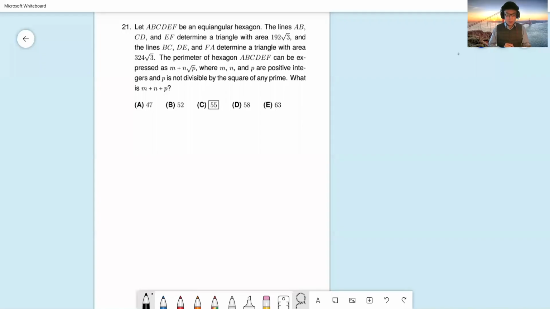Question 21. ABCDEF is an equiangular hexagon. Let me sketch the equiangular hexagon. That means each angle is 120 degrees.